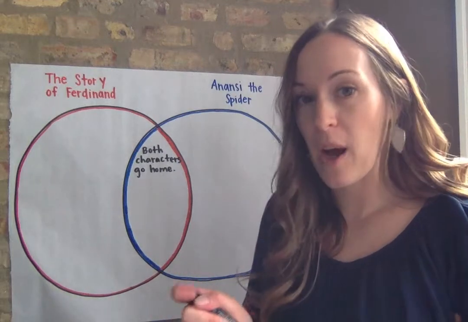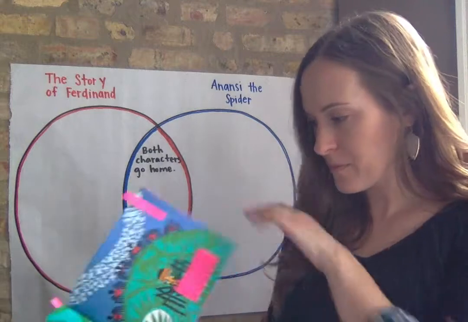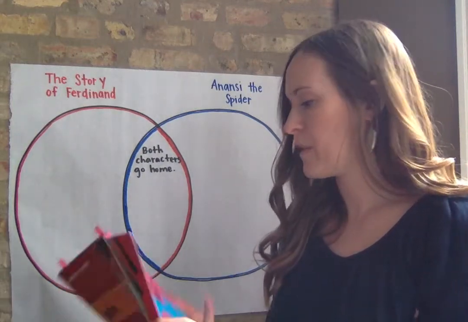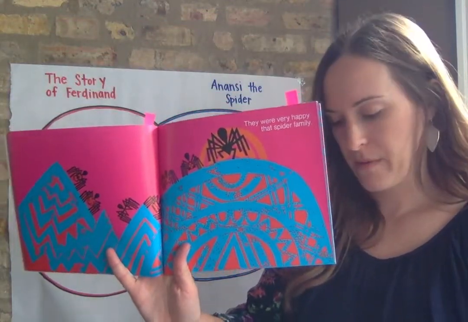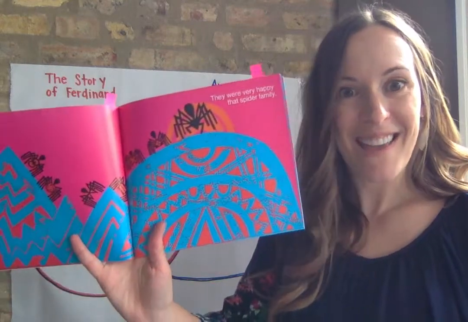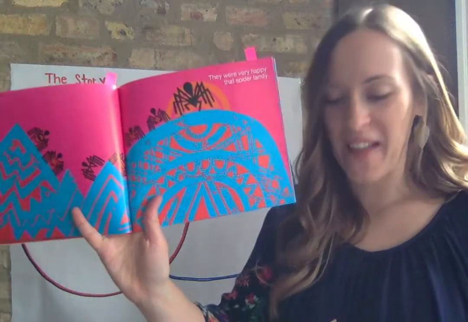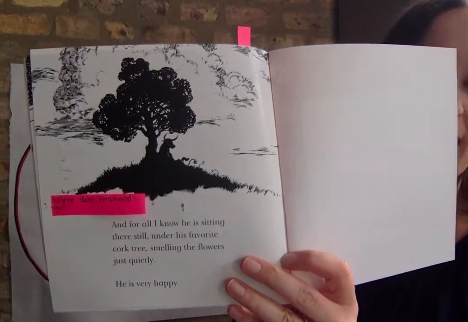Okay, we're going to think about a couple other things that are the same about these characters. How did Anansi and his family feel when they went home? How did they feel? Yeah, show me with your face. You got it. They felt happy. How did Ferdinand feel when he went home? I can see it at the bottom.